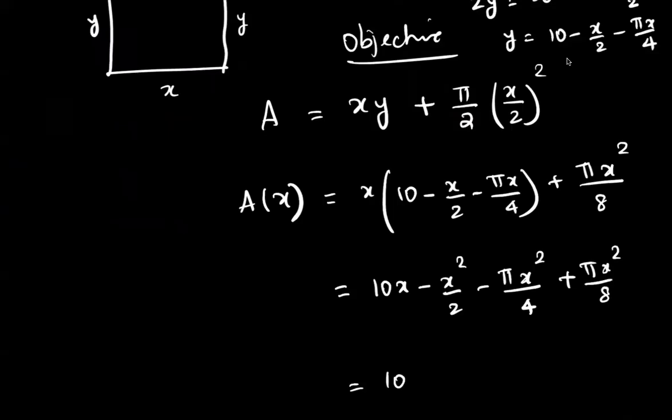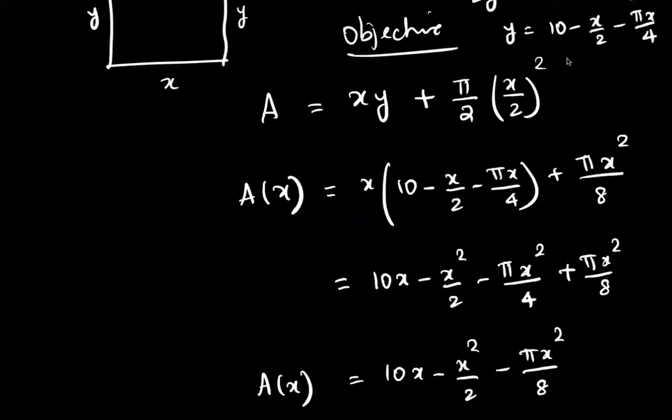I can combine the like terms here to give me minus pi x squared over 8. Am I right? Okay, I think I am. All right. So this is my area function in terms of one variable.